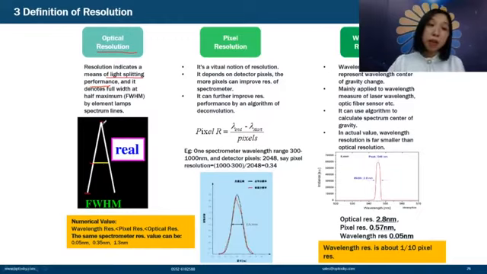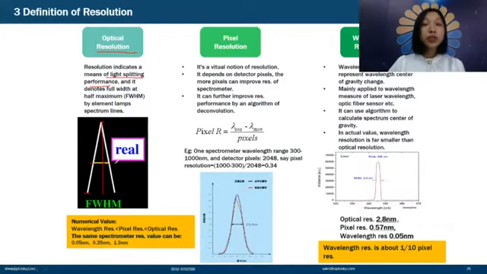Some customers may use the half height like this, half height and half width. So pay attention to this one. Although it's shorter, so the resolution looks better, it's not the real optical resolution.